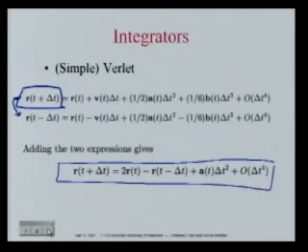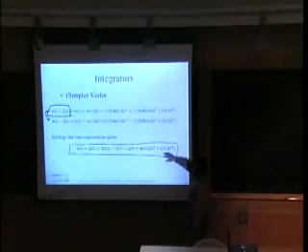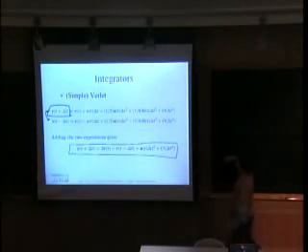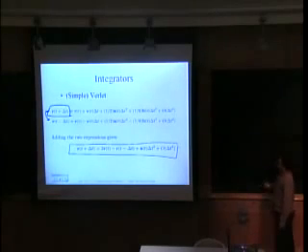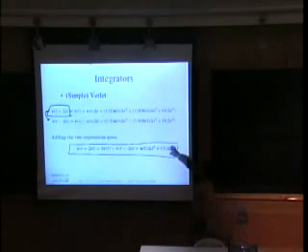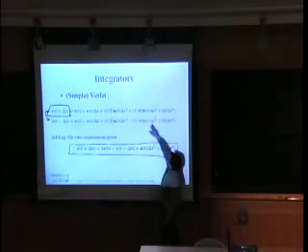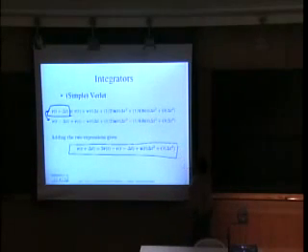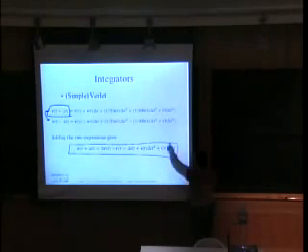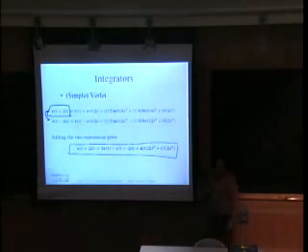We make an error because we are not introducing terms that are higher order in delta t, but you see the term in delta t cubed is cancelled out, so the error that we make is just of the order delta t fourth.